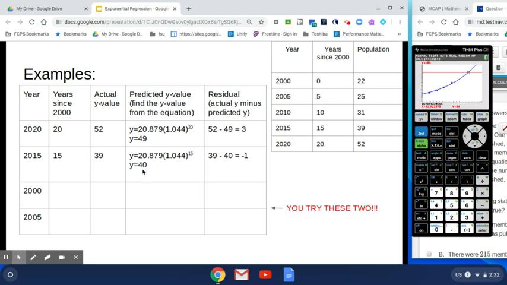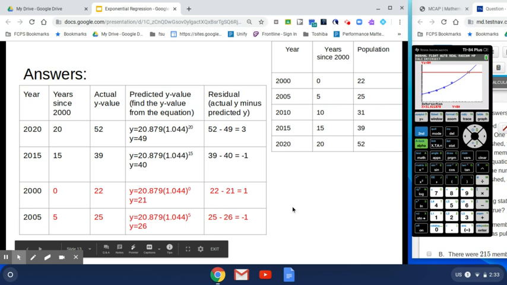That gives me a predicted number of birds of 40. So the actual number of birds was 39, but the equation's predicting that we would have 40 birds. Again, that difference is the residual. 39 minus 40, it gives me a residual of -1. Pause the video and see if you can find the residual for the year 2000 and the year 2005.